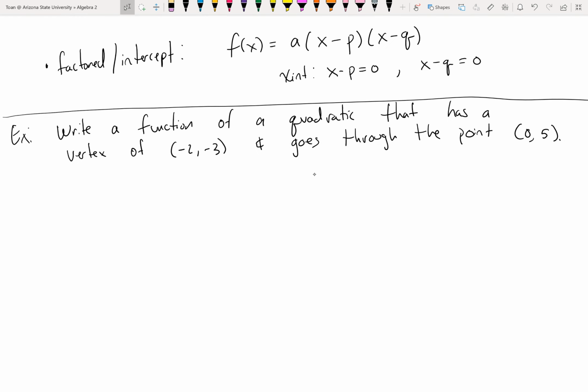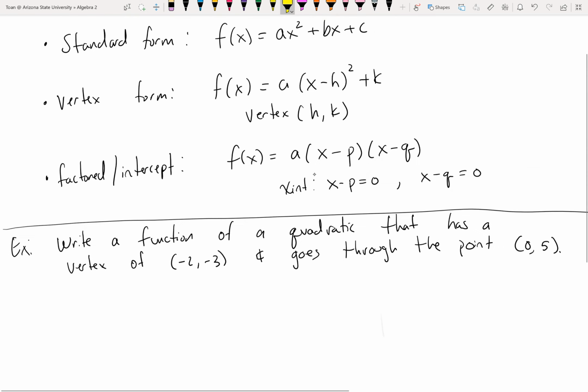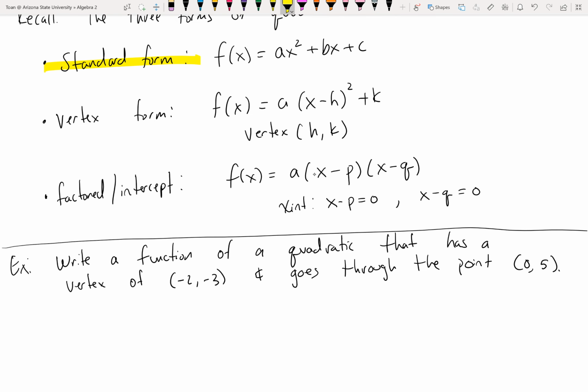So, I mean, this is not meant to be a trick question. We have three forms of a quadratic: standard form, vertex form, and intercept or factored form. In this example, they give us a random point and a vertex.